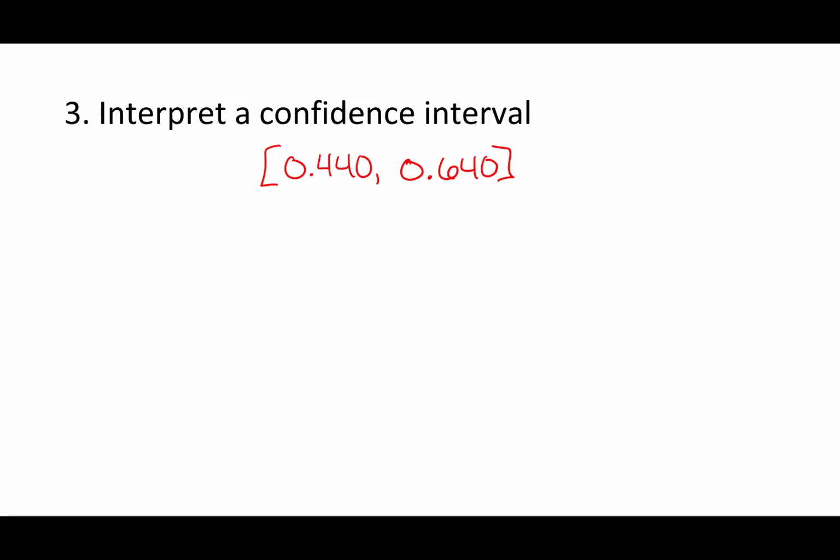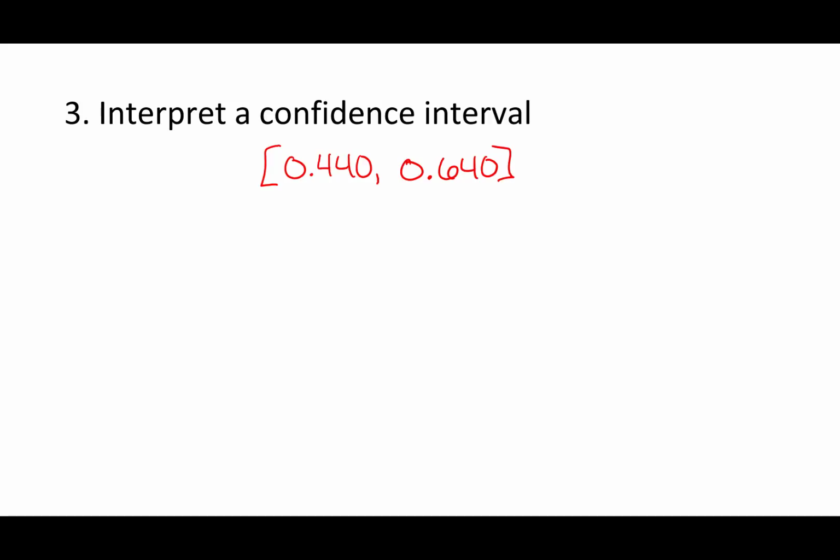To interpret this confidence interval, I would say that I am 95% confident, because remember that this is a 95% confidence interval, that the population proportion is between 0.440 and 0.640. In other words, given the population of all flips of this coin, I'm estimating with 95% confidence that between 44% and 64% would be tails.